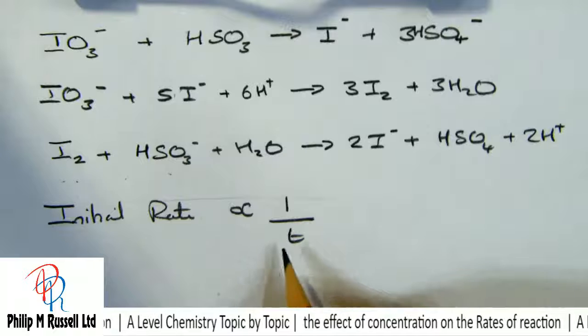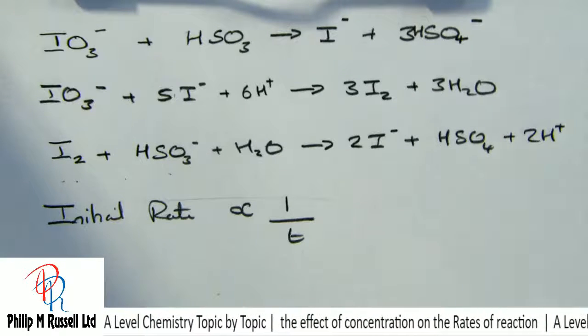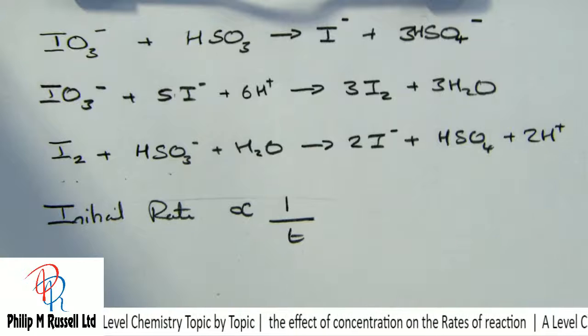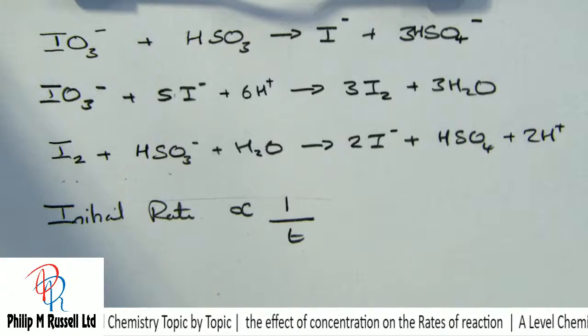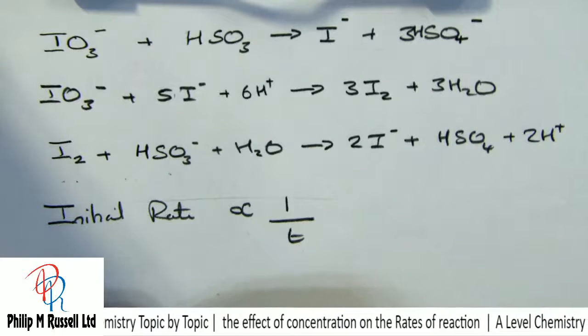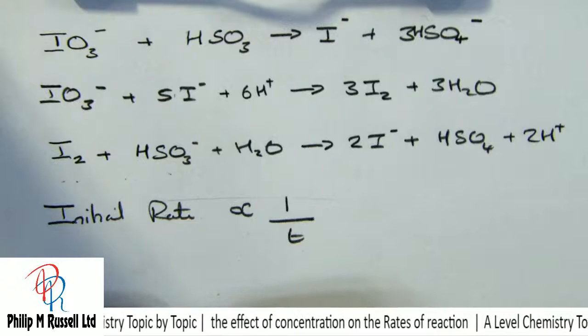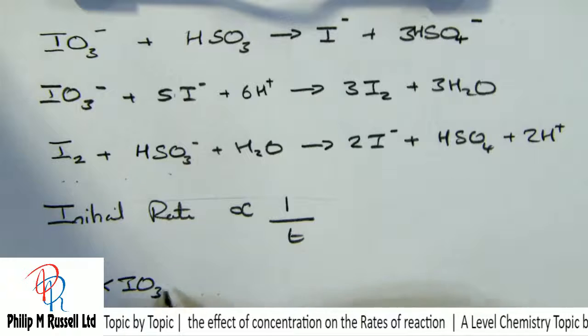So if we look at what I actually did and what I made up, then what I started with here is about 2.1 grams of potassium iodate.